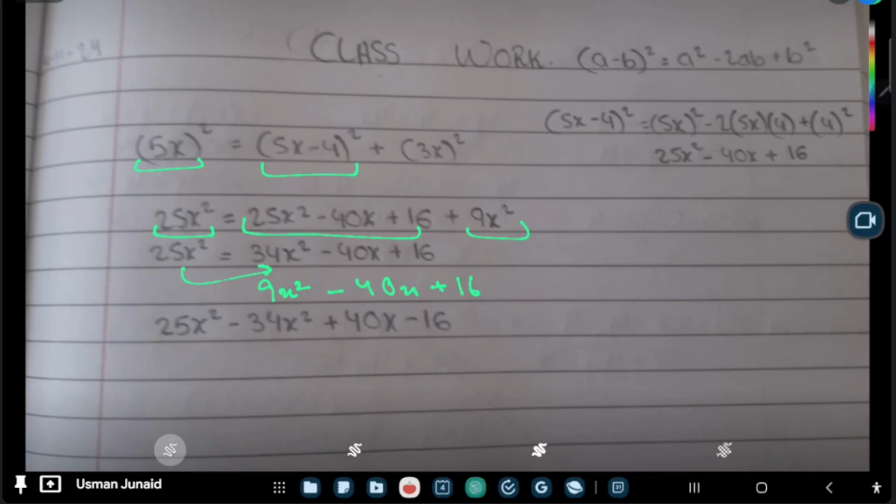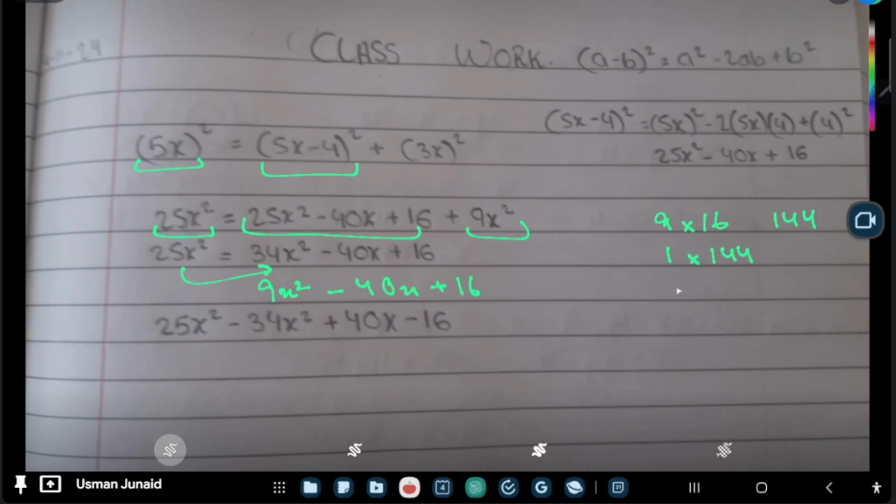So let's see, what is 9 times 16? 144. Okay, 144. So now you have 144. What are the factors of 144? You have 9 and 16. You have 1 and 144.